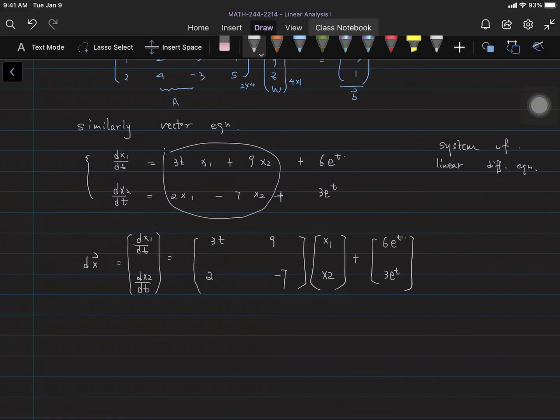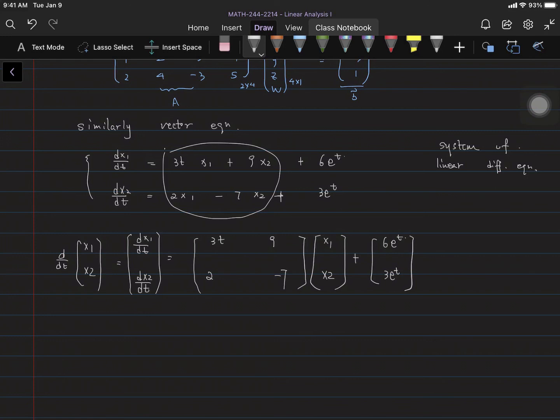And what is the x vector? Because we learned the derivative of a matrix function, we just take the derivative of each element, right? So actually we can look at this as d/dt of x1, x2.